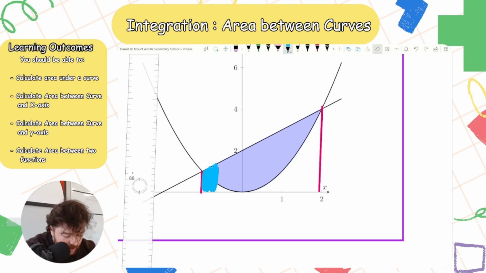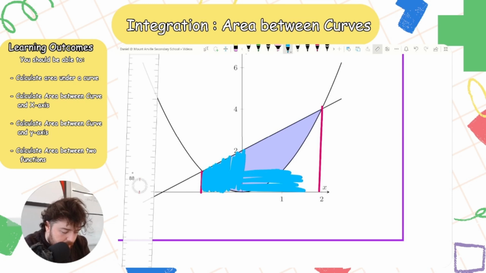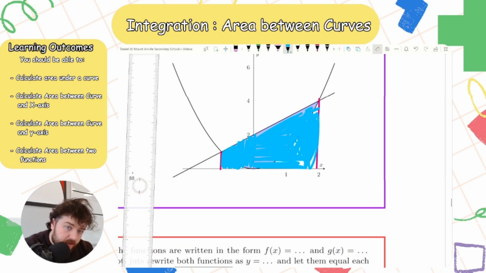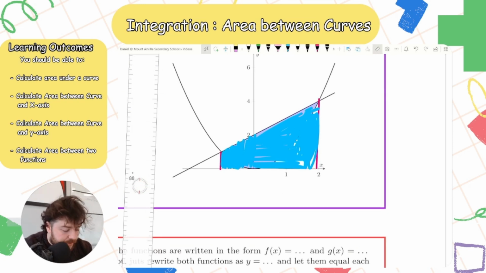So here's the area under the line between those two points. That makes it a bit easier. So I can find the area underneath between those two points and the line.